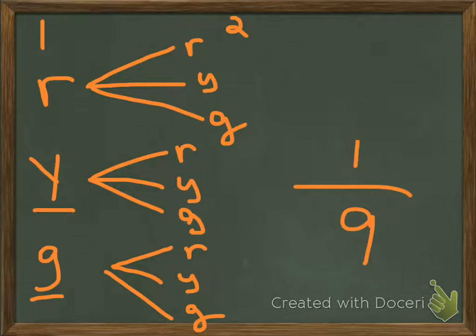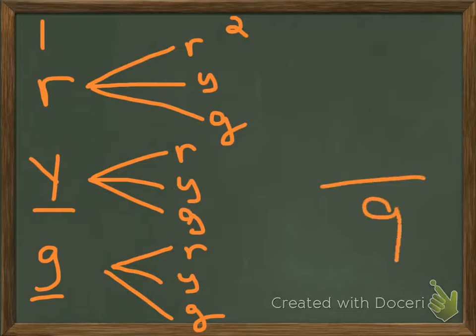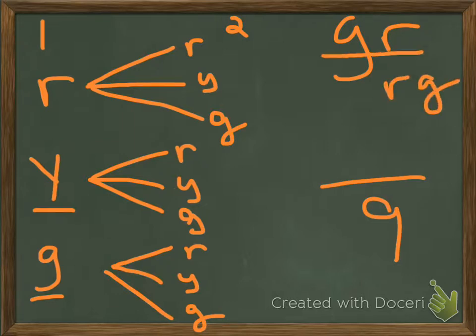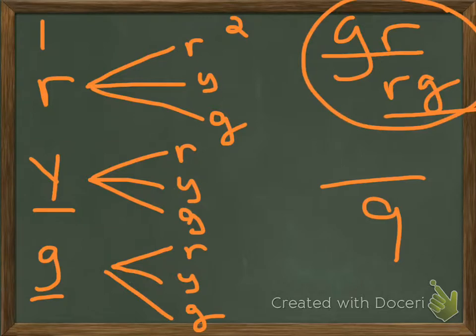But if the probability that we got, let me think of another problem here, that we got a green and a red, but it didn't matter what order, we could get a green and a red, or a red and a green. Let's look at that. So it didn't matter if we just wanted those two colors, right?